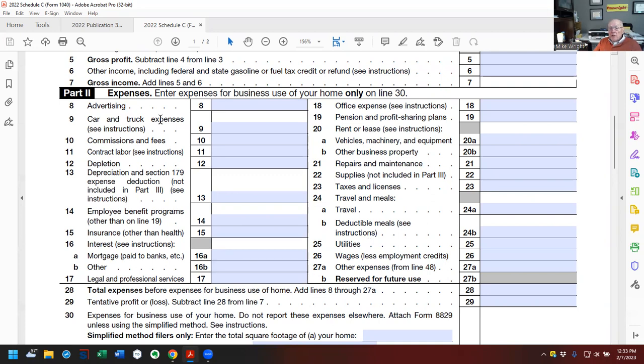So we start out with advertising. Every business has to pay money to do things to be able to get more business. That's advertising. One of the things that you might consider is this. If you contribute money to a community event or perhaps sponsor a little league team, you might consider that a charitable contribution.